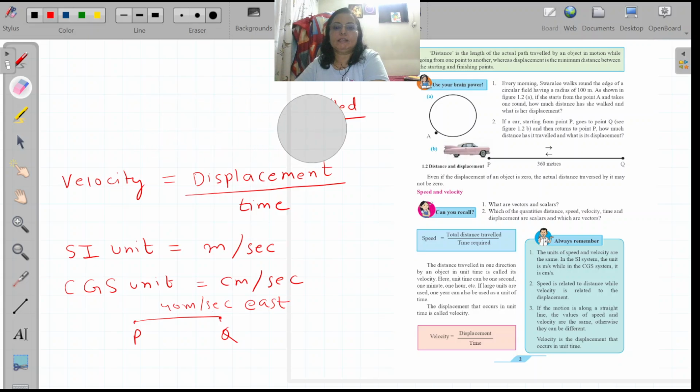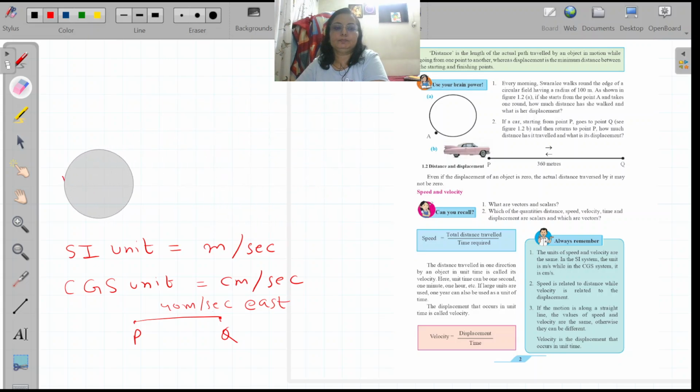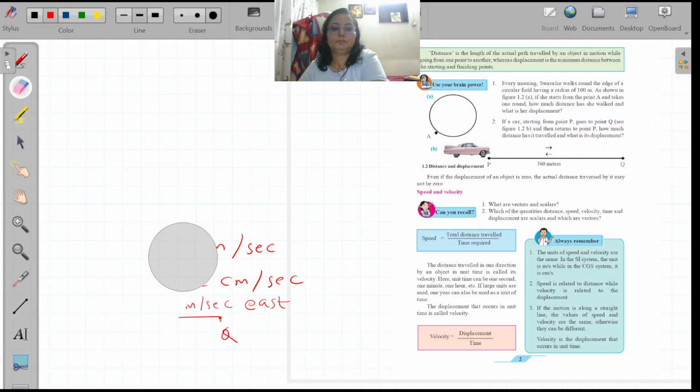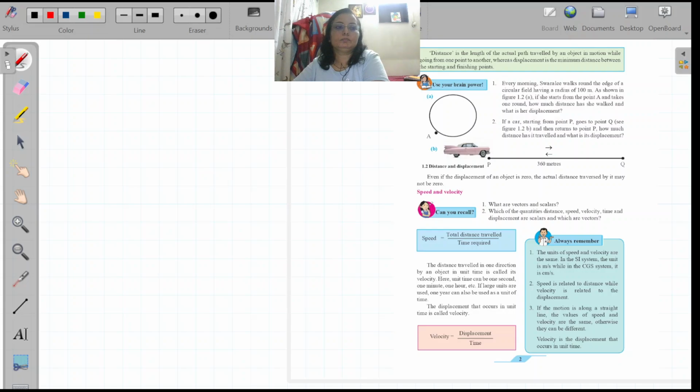What are scalar and vector quantities? Scalar quantities have only magnitude. We have studied this in earlier class.